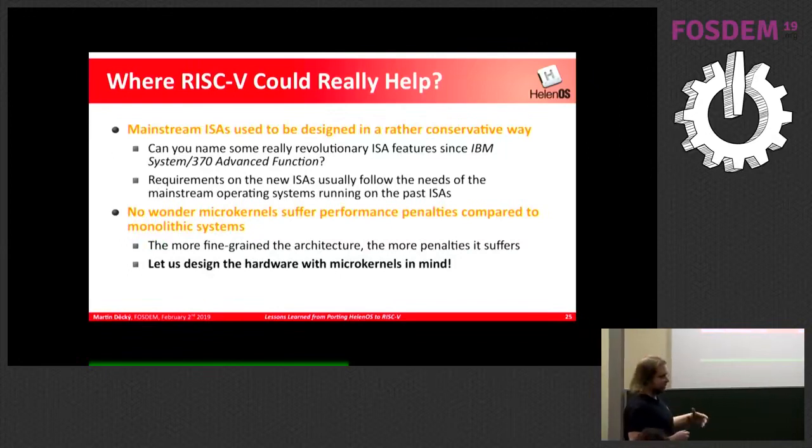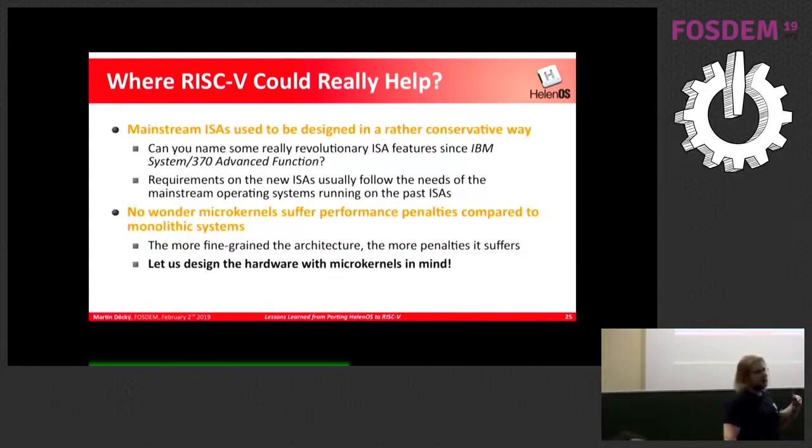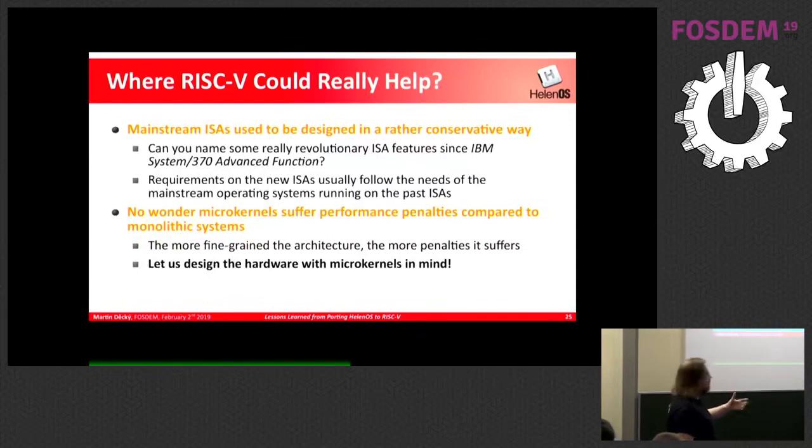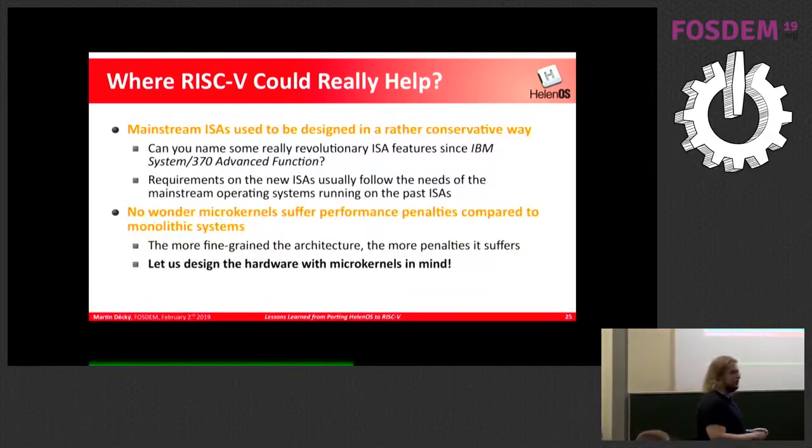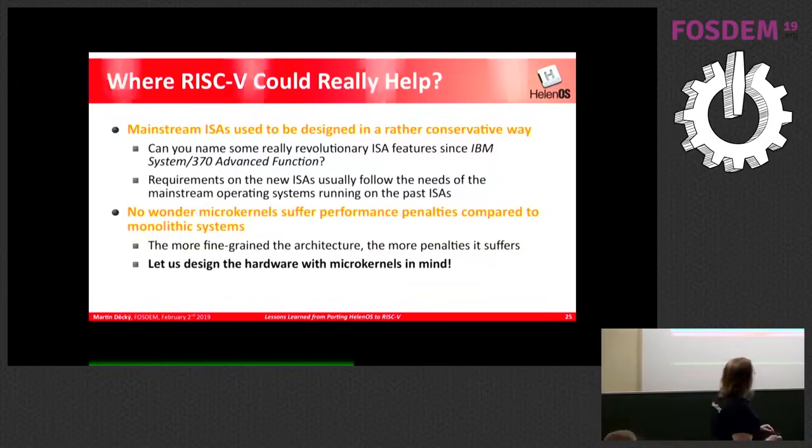Let's try to design the CPUs with the requirements of the microkernels in mind, so that the CPU will be able to provide abstractions or instructions or mechanisms that will help the microkernels perform as nicely as the monolithic kernels, while keeping all the nice safety and security features.